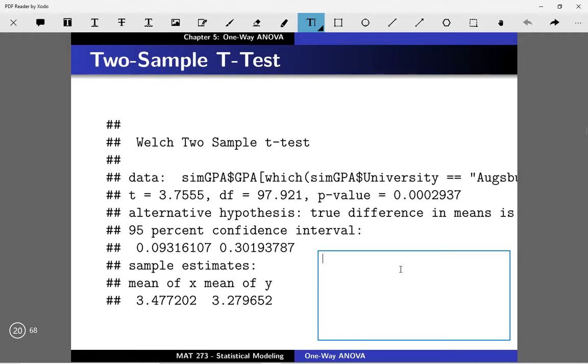Since the p-value of this number is less than 0.05, we have evidence at the 5% significance level that the GPA of Augsburg students differs from that of St. Thomas students on average.